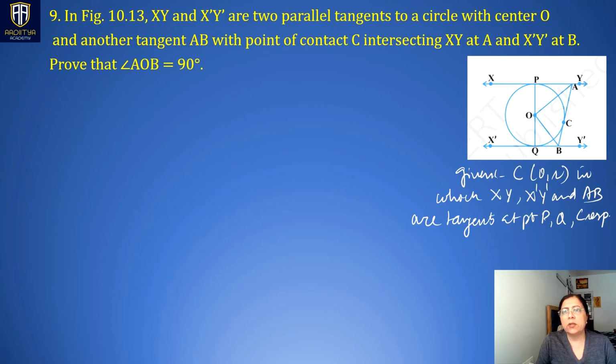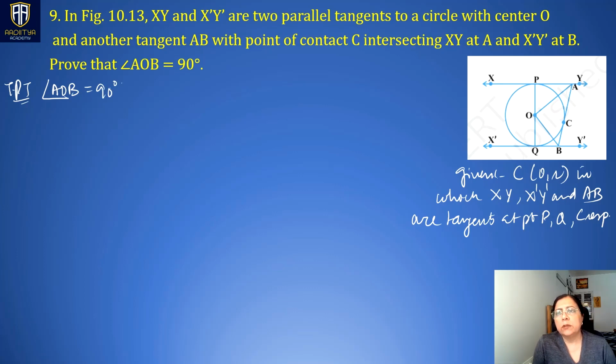We are given these three tangents, right? Now, this question says we have to prove that angle AOB is 90 degrees.